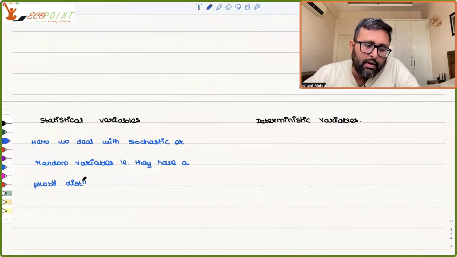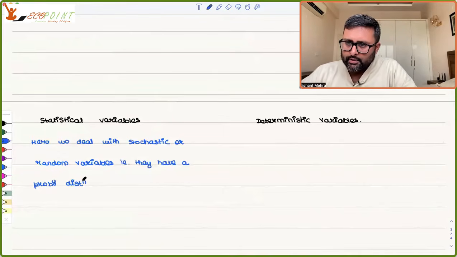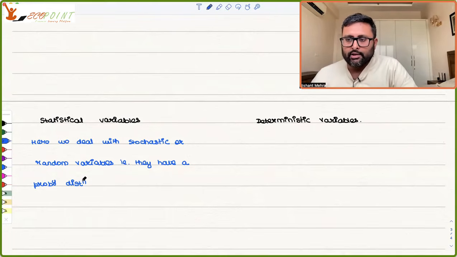The example in your book is a crop. The output of the crop is dependent upon the rainfall, soil moisture, and various other things. But this relation is statistical in nature.